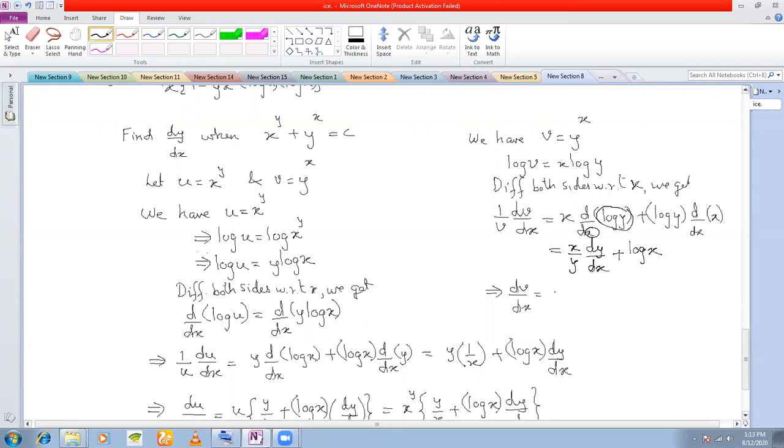So this is dv dx will be v into x by y dy dx plus log y. And what is v? v is y to the power of x.